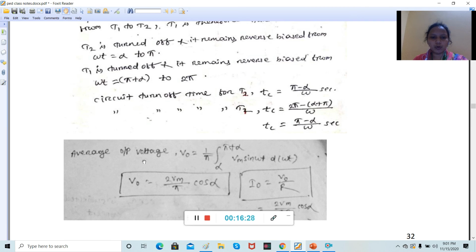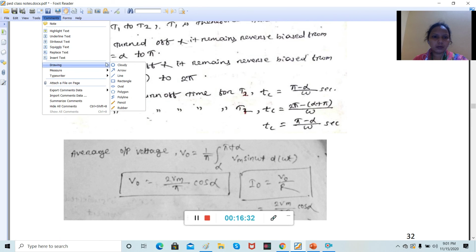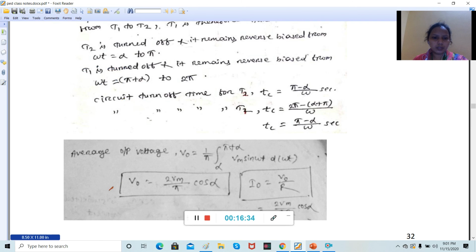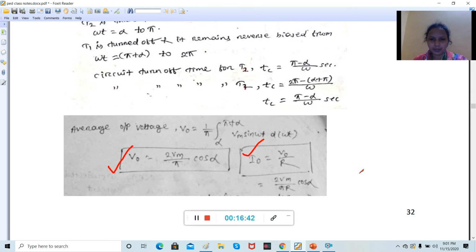So V0 is equal to 2 Vm by pi into cos alpha, and I0 is equal to V0 by R, that is 2 Vm by pi R cos alpha. So these are all about the fully controlled rectifier midpoint type configuration with RL load. Okay, thank you.